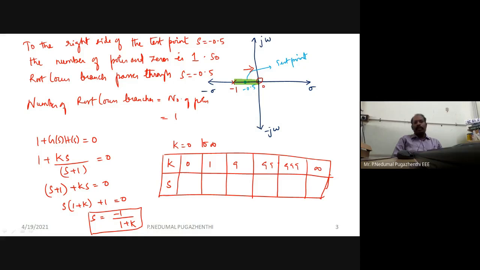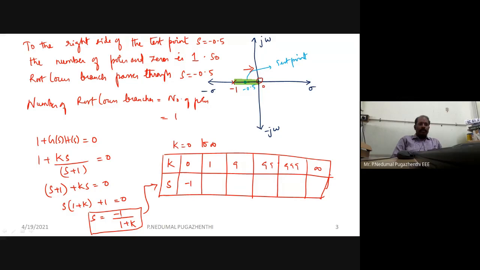You will know why I am putting 9 and so on, because I have a 1 here. To make this calculation simple, if you substitute K equal to 0 in this equation, what will s be? Anybody in the class? If you substitute K equal to 0 here, what will you get s equal to? When you put K equal to 0, s is equal to minus 1.